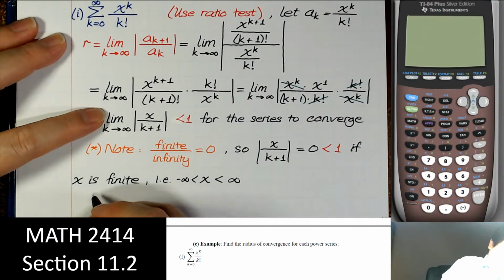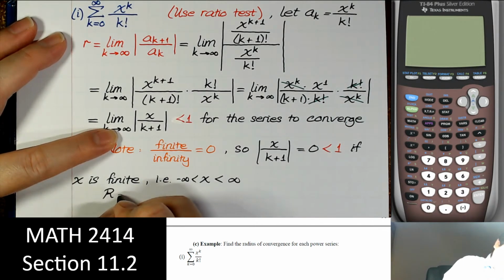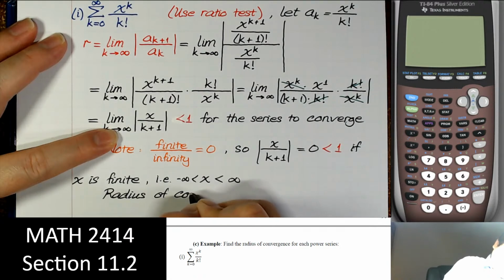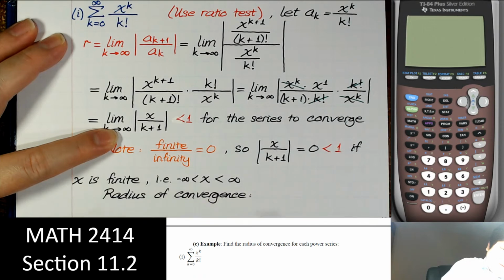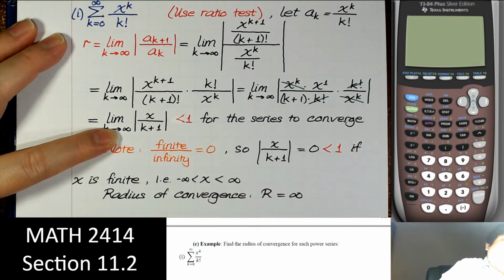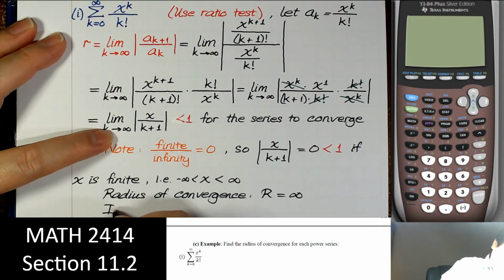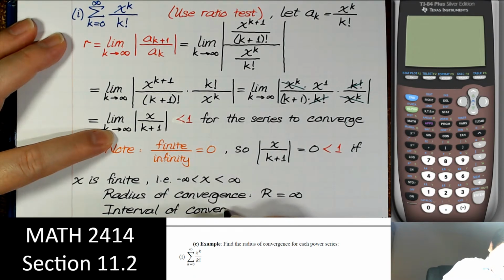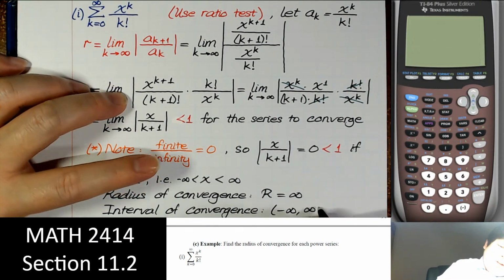Because of that, we have the radius of convergence equal to infinity, and the interval of convergence will be from negative infinity to infinity.